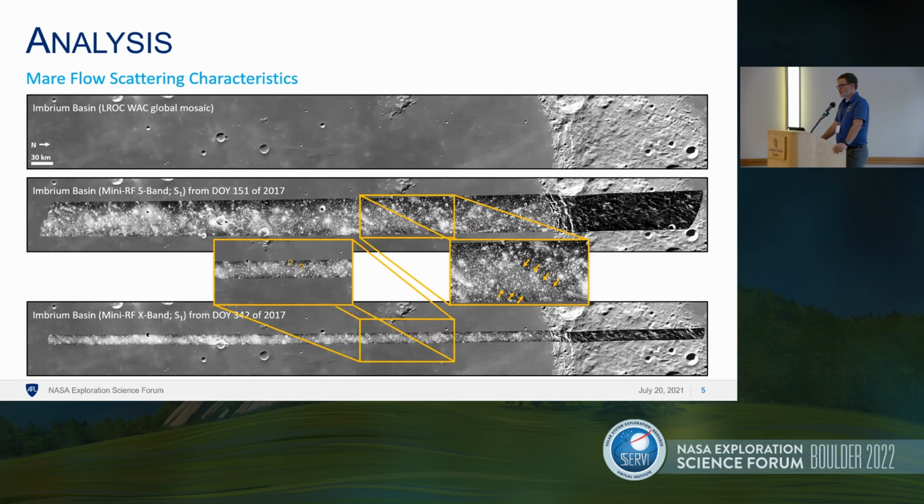Now, I mentioned that we are also an S-band instrument, and we have good quality data at S-band. And really, there's a lot of power in looking at radar data at multiple frequencies. Because as I mentioned, we're sensitive at X-band to centimeter scatterers. At S-band wavelength, we're sensitive to tens of centimeter scatterers.